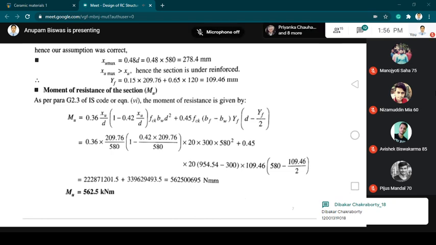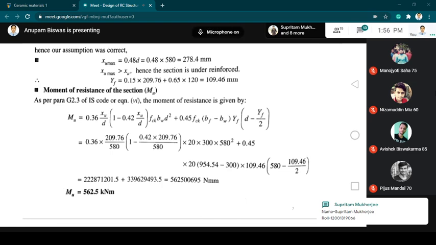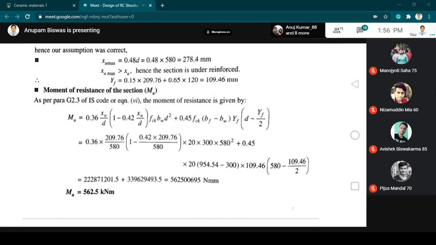We have already seen how this equation is coming. I hope there is no doubt with anyone how this equation is coming and why so.